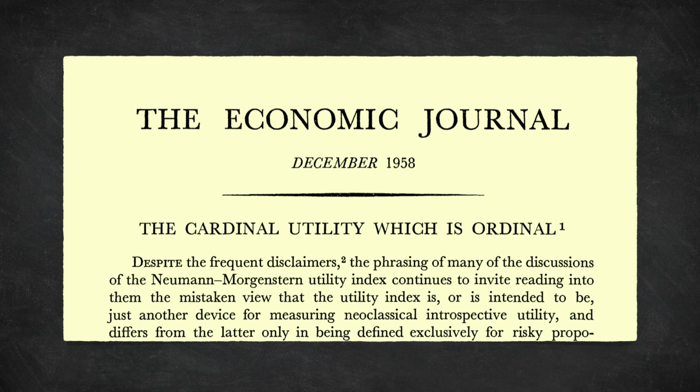We can only choose it up to a positive affine transformation. So one quick way of remembering this: the capital U, the big U that we've used, is ordinal. The little u that we wrote is cardinal.